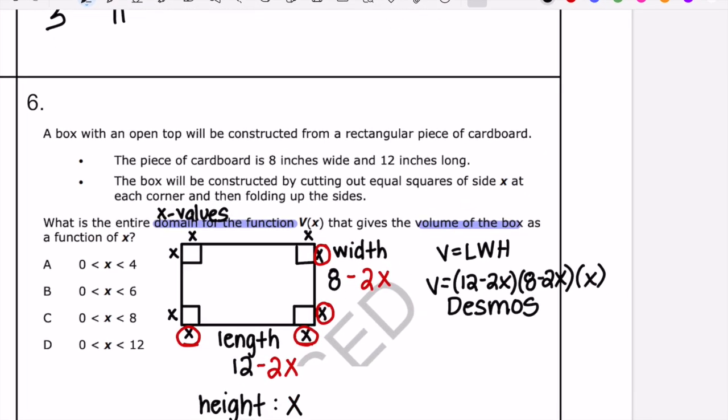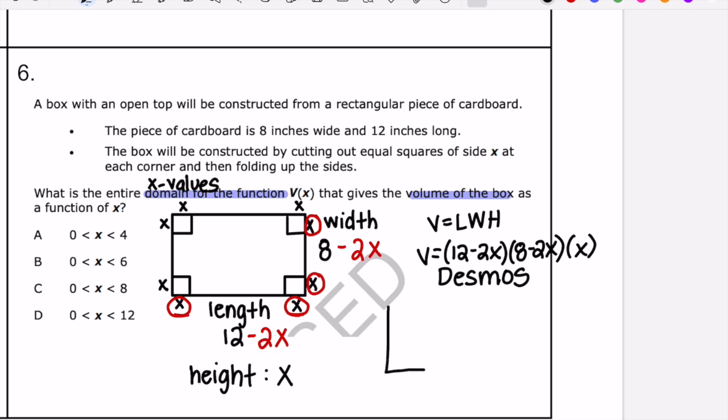So if I kind of drew just a little sketch here, I'm only going to be focusing on quadrant 1. So in quadrant 1, it goes up, then it goes back down, and it goes into the negative, and then it comes back up again. So we are not going to be looking at that. We're only going to be focusing on the positive section that is going to work right here, because once we go on the negative, it's no longer a real world situation.